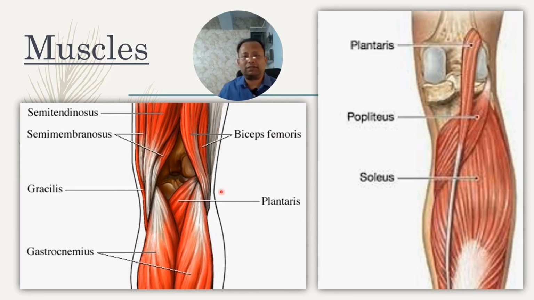Then if we remove these superficial muscles, two other muscles we see in the knee region. One is plantaris. This also starts above the lateral epicondyle area, and gradually it becomes a tendon only. Another muscle is popliteus.